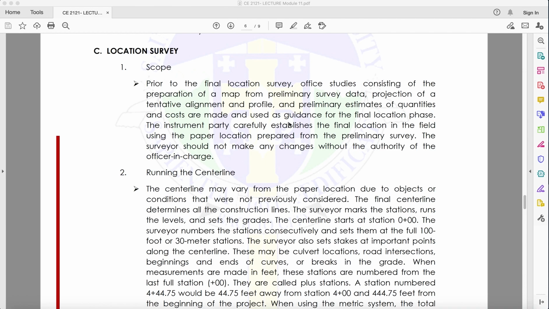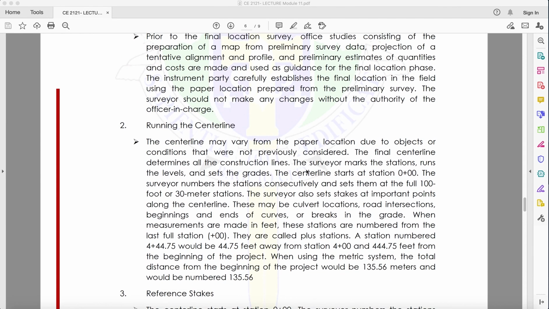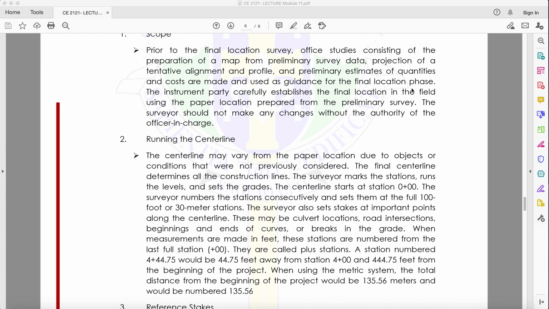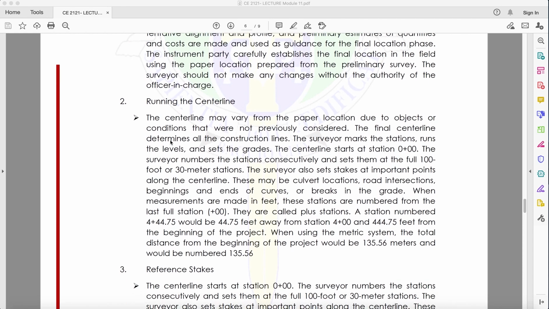It is one of the factors that will be considered in the final location of our roads. When we say estimates of quantities, these are the materials, the equipment, and the apparatuses that will be used in the project, and their costs, meaning how much.